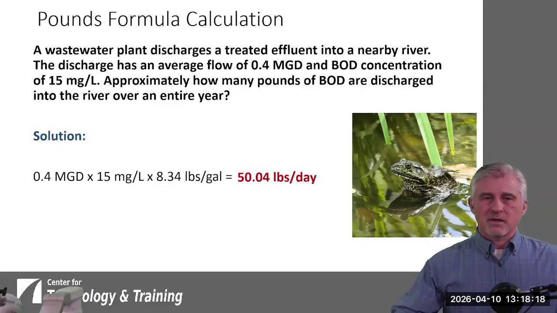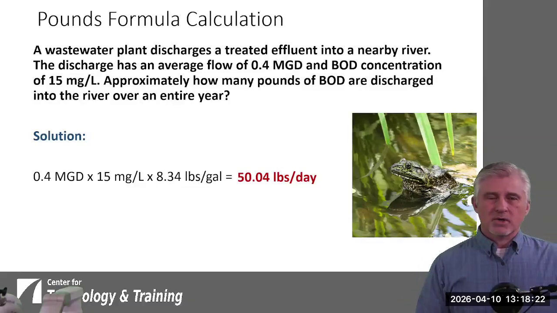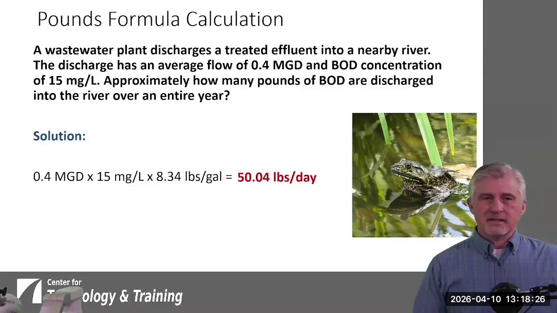What happens is the million from the million gallons cancels out with the parts per million. The days carry through, even though it doesn't appear so. And we end up with 50.04 pounds per day.